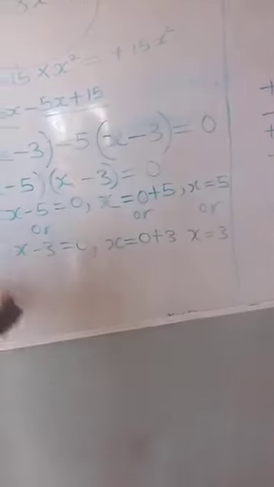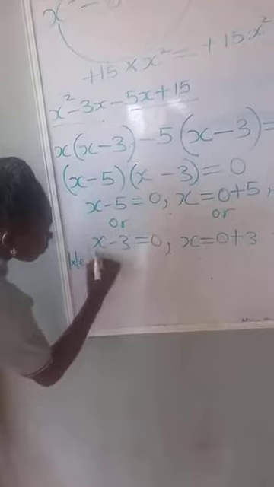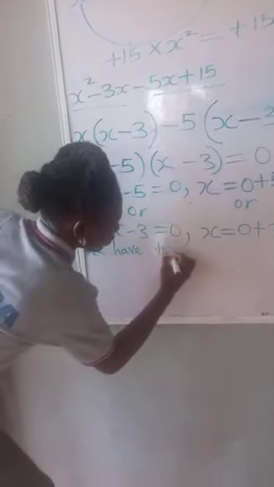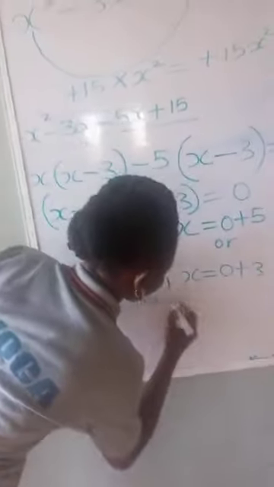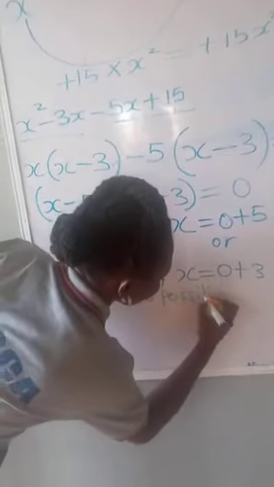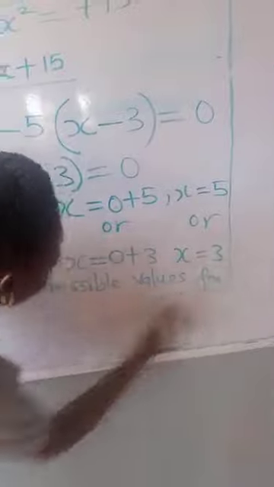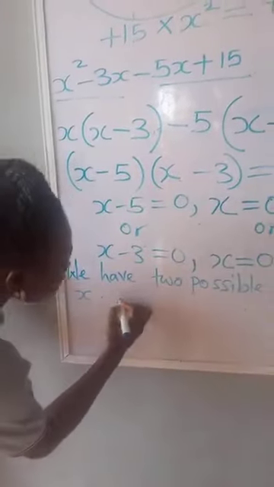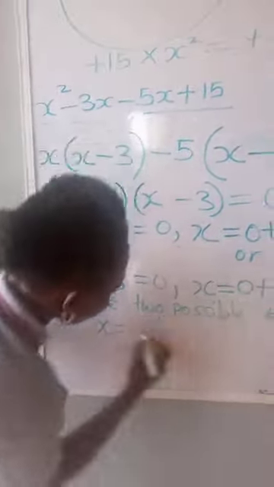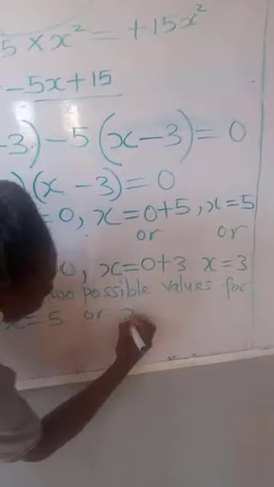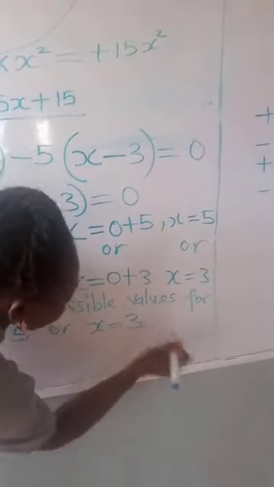So now you can see that we have two possible values for x: x equals 5 or x equals 3.